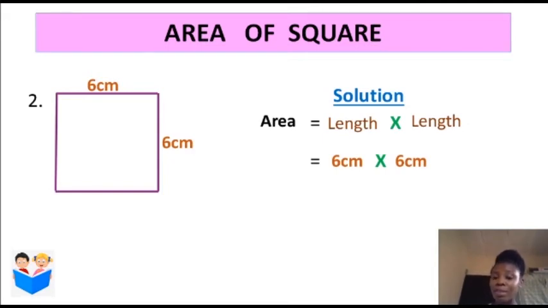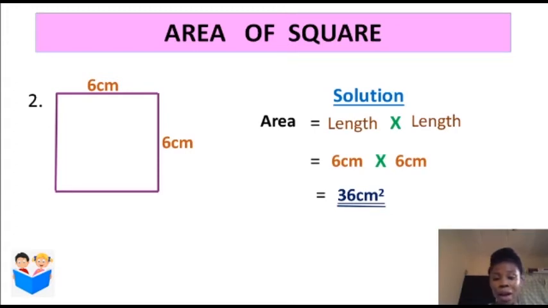Here you count 6 balls in 6 places, or count 6 balls 6 times. Now when you count all the balls together, we are going to have 36 centimeters squared.